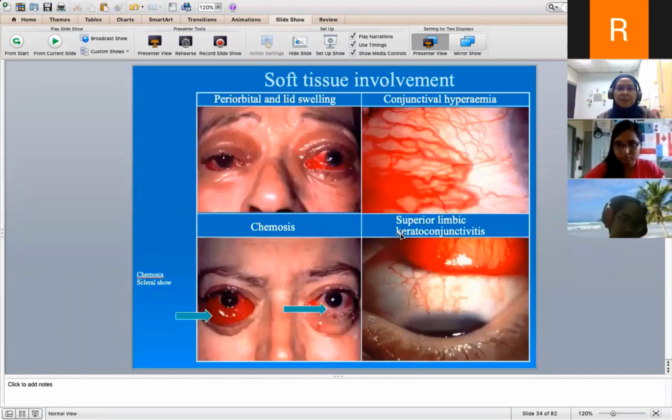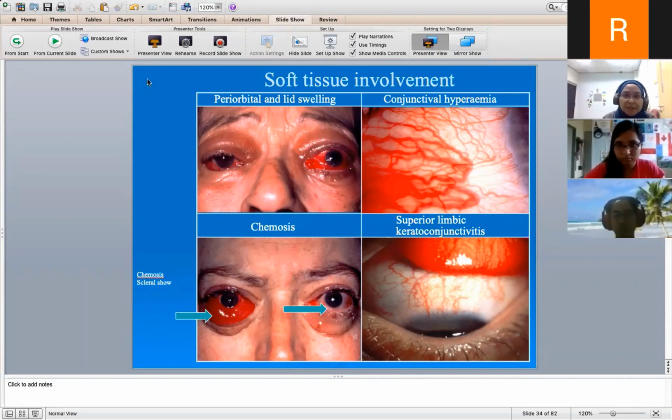Why is this important? Because when you want to diagnose a patient with early lid retraction, this is what you see. Can you see? Remember, normal eye, you have the upper lid covering. This upper lid looks normal, but the inferior eyelid should be touching the inferior cornea. So the moment you see some scleral show, this is what we call scleral show, you suspect the patient might have thyroid eye disease.